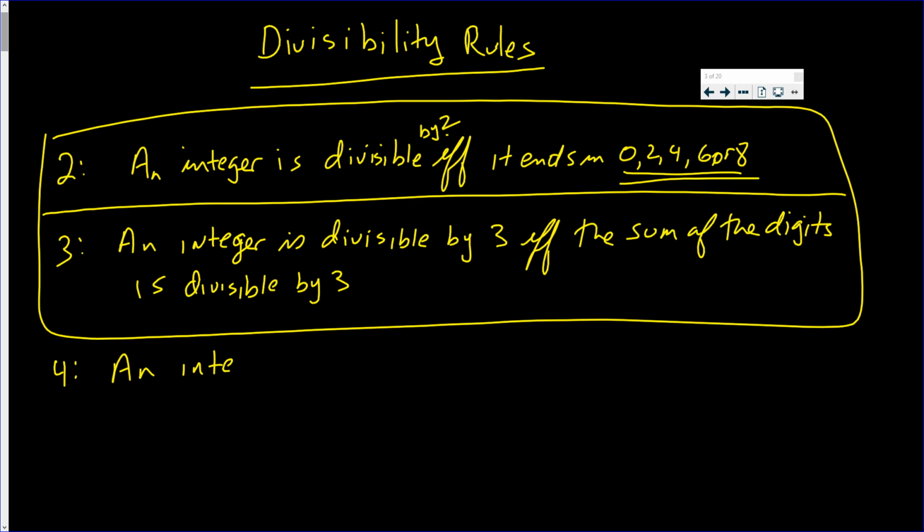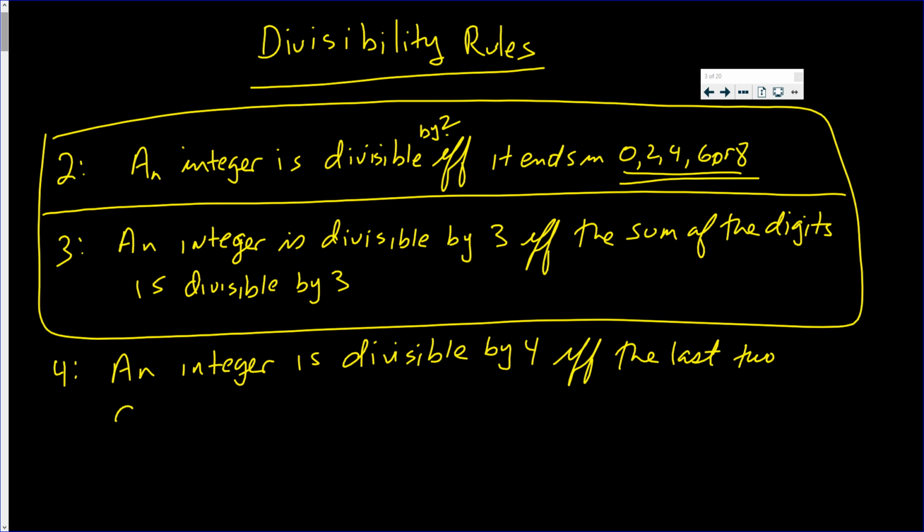An integer is divisible by 4 if and only if the last 2 digits are divisible by 4.